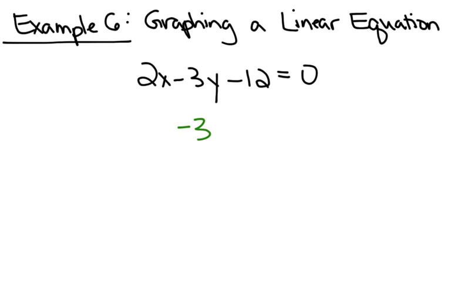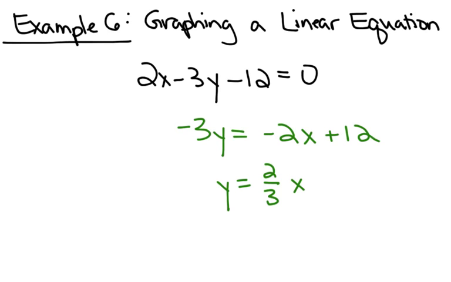To get y by itself, I'm going to first move the term with the x and move the constant. And then I'm going to divide everything by the number in front of y. If you're unsure of what I did in either of these steps, make sure you ask for help.